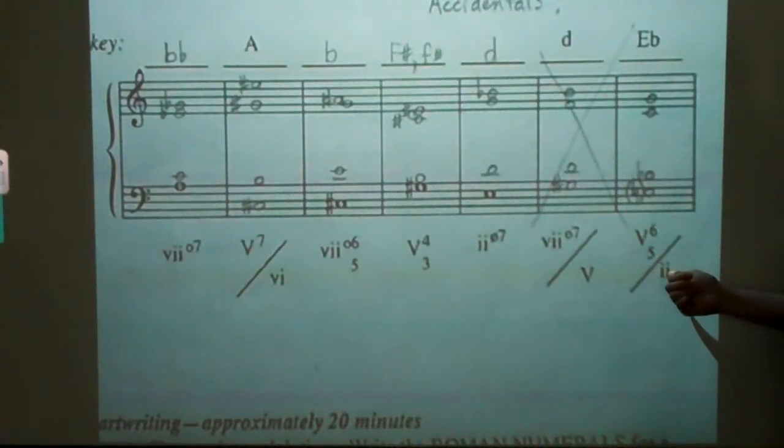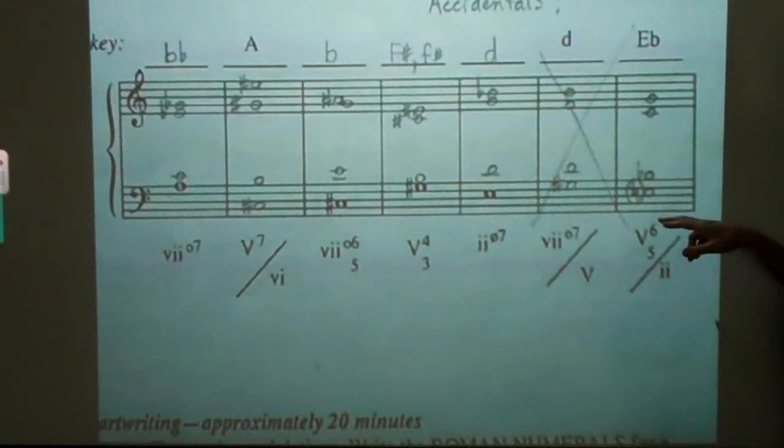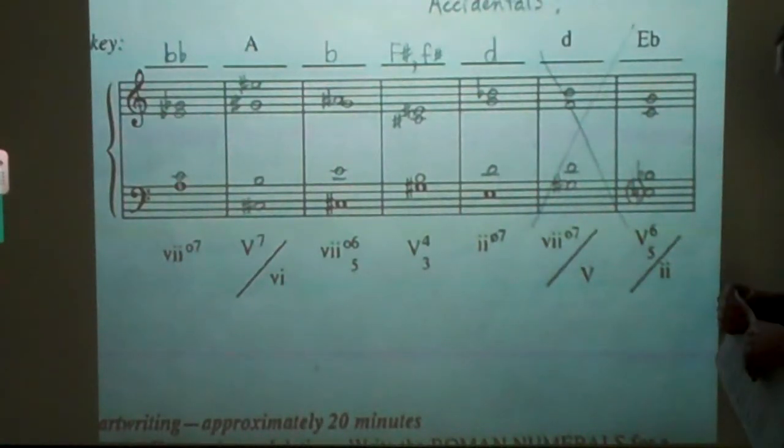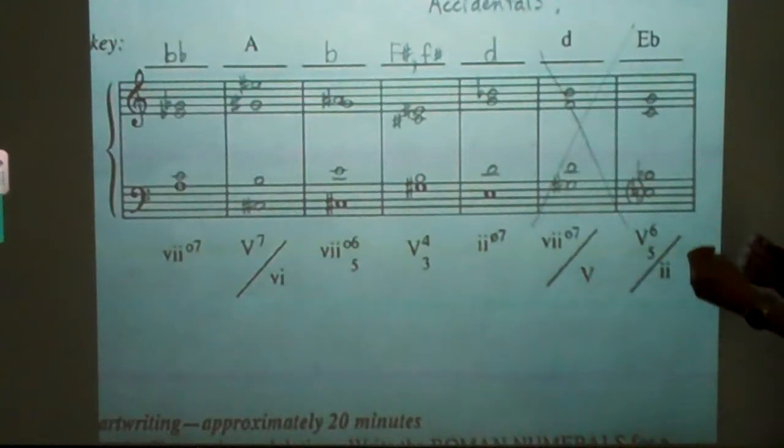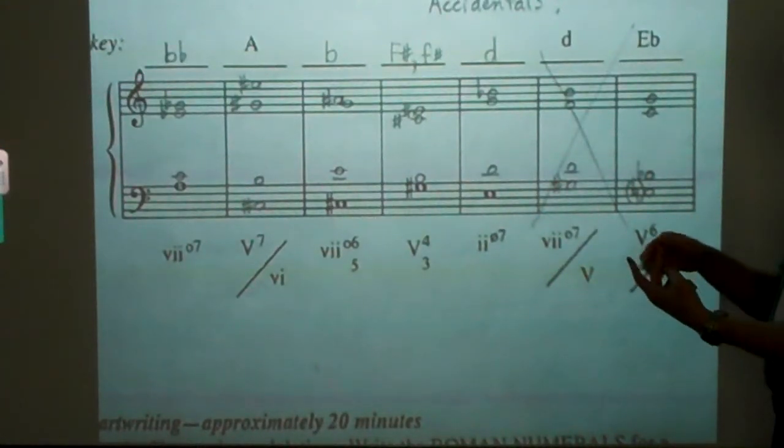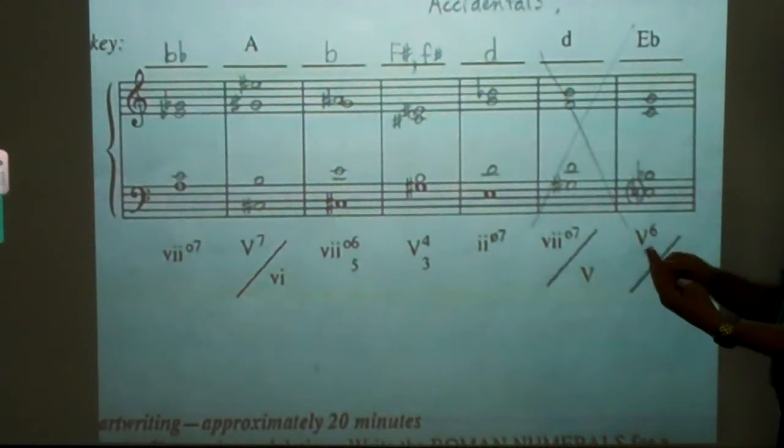Well, go up a perfect 5th from F, and you should get the note C. C is the dominant of F. So that means the root of this chord is C. And we're supposed to spell a dominant 7th on C. A major minor 7th on C is C, E, G, B flat.